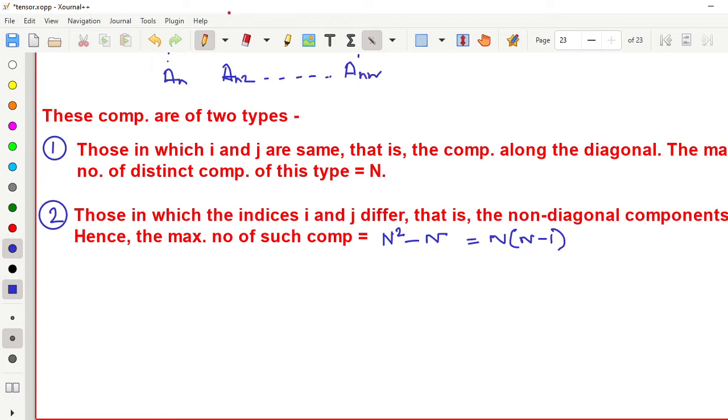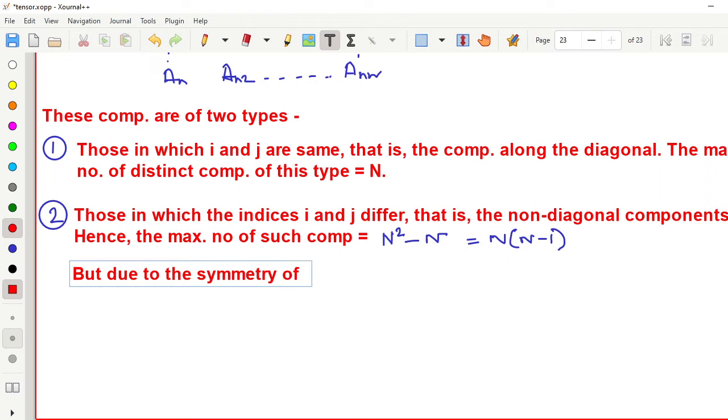But due to the symmetry of aij, লিখে নাও.